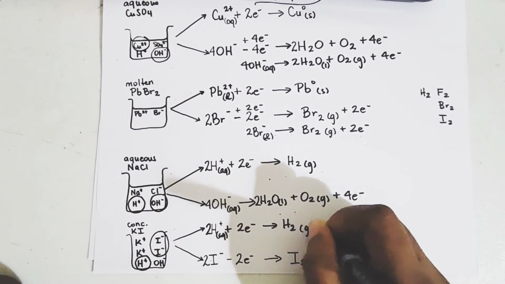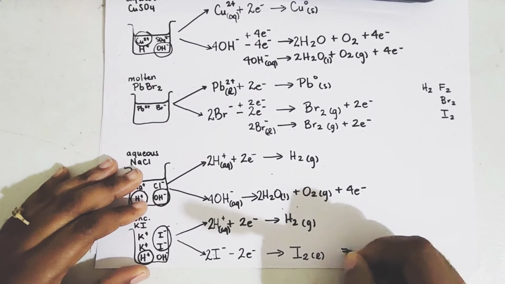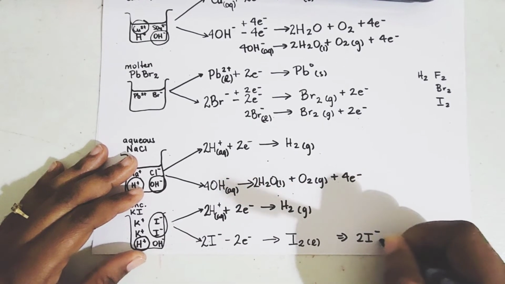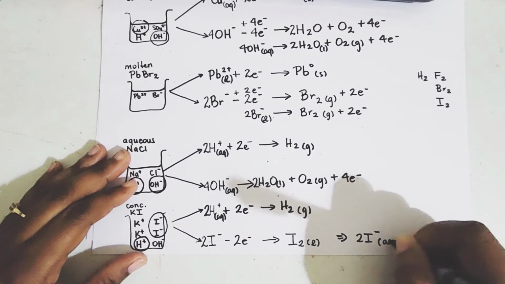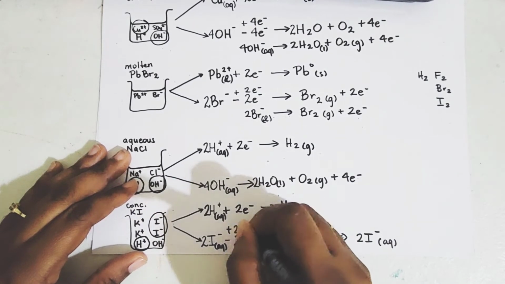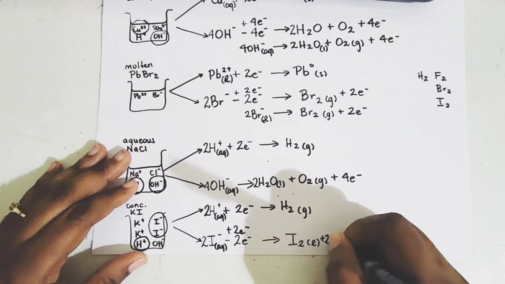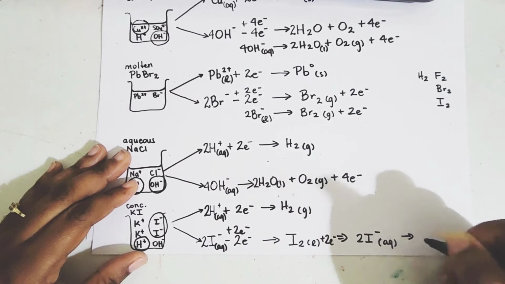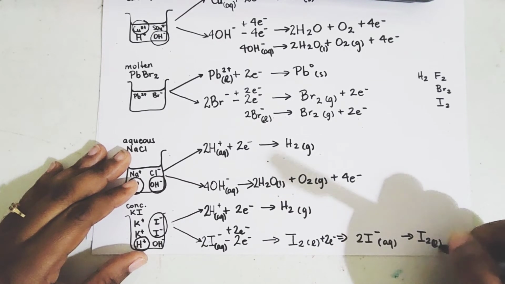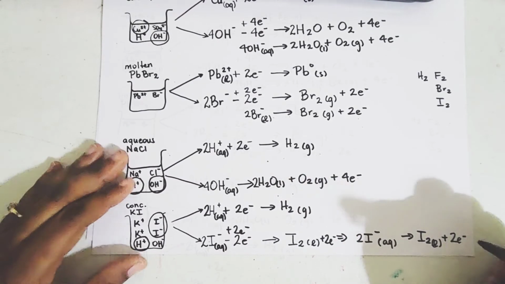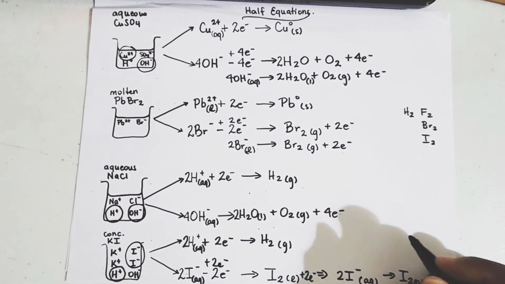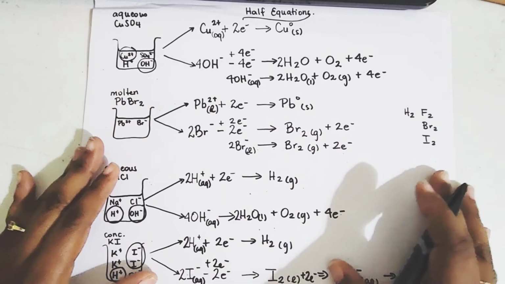This is a gas, and we would rewrite this as 2I, and this is again aqueous. Now we're adding the 2 electrons to both sides, and then we have here I2 plus 2 electrons. We have our half equations done.